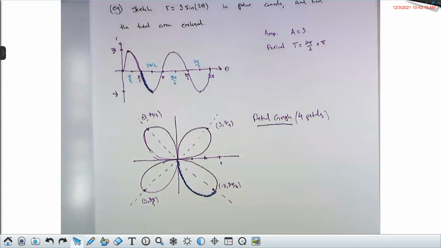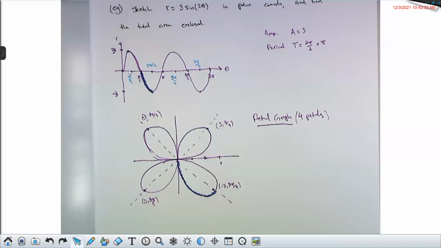The orientation of the petals and the number of petals are determined by the specifics. So the number of petals comes from this guy. If this guy is an even number, you will have double that number of petals. If this is an odd number, you will have exactly that number of petals, and it'll be traced twice as theta goes from 0 to 2 pi.